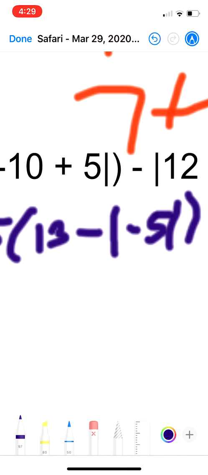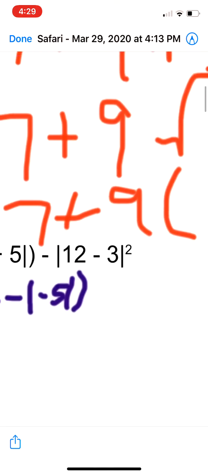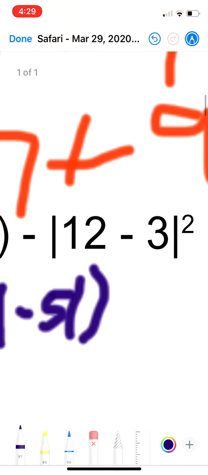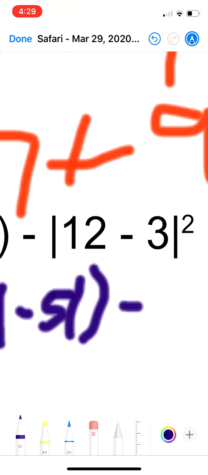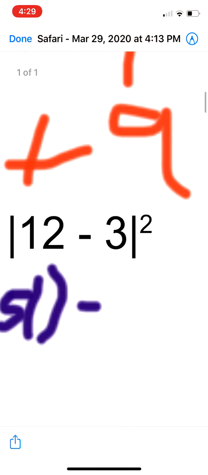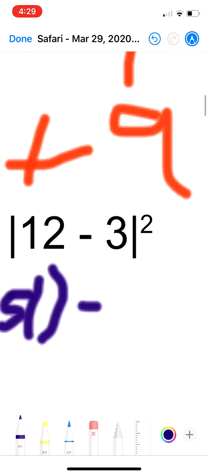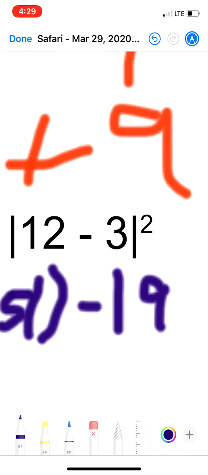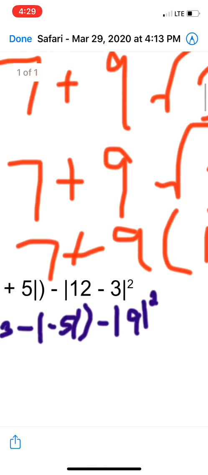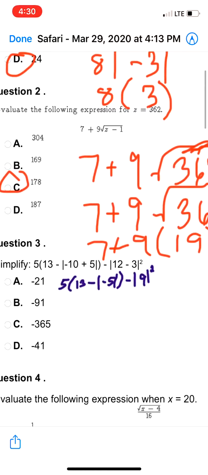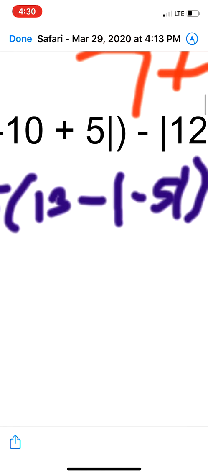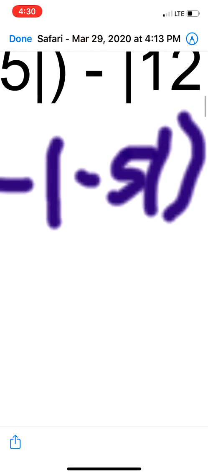Okay. That's all I'm doing on that part. Over here, it's a separate absolute value. So I could deal with that right now. So I have the absolute value of 12 minus 3, which is 9 to the second power. All right, let me zoom out here. Now, again, in this big parenthesis, I have a smaller absolute value inside, so I have to deal with that first before I could deal with the 13.